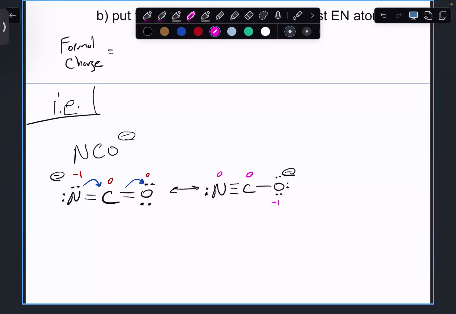Third resonance form, we're going to push from the oxygen in.